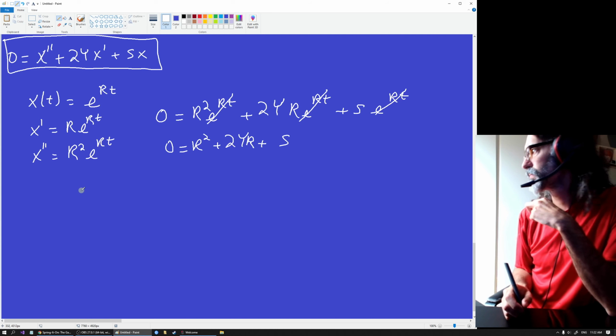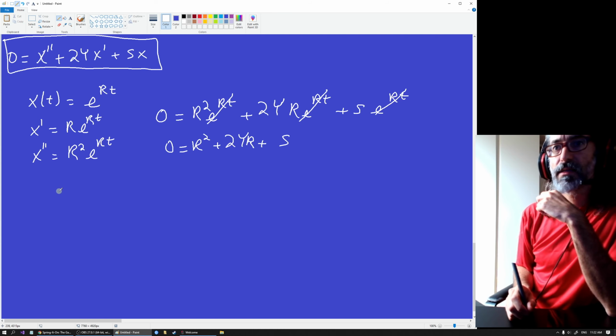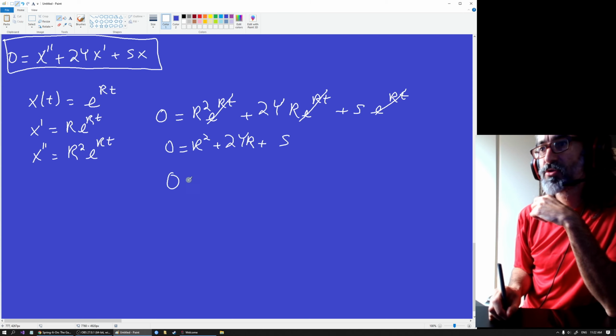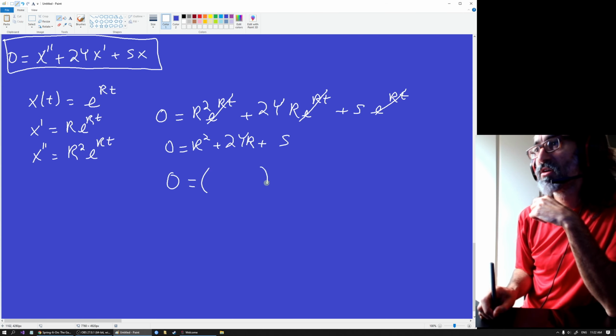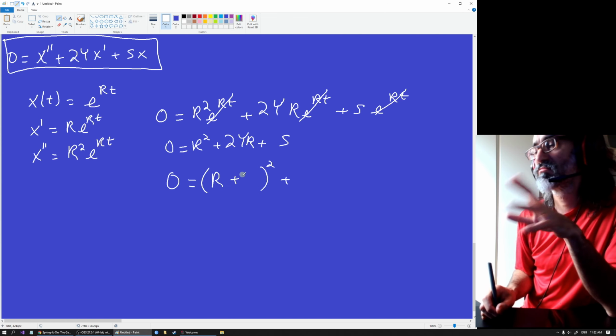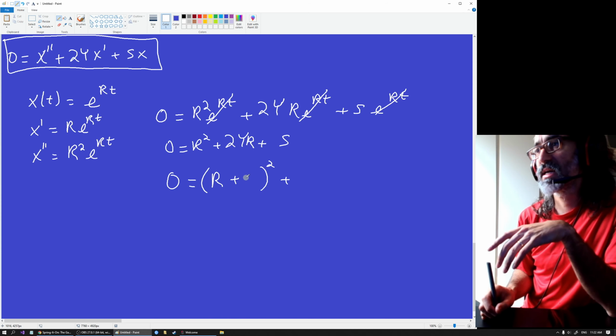So we can say this needs to be equal to something squared plus some other constant. So let's call it some number. So it's going to be r plus some number, squared.